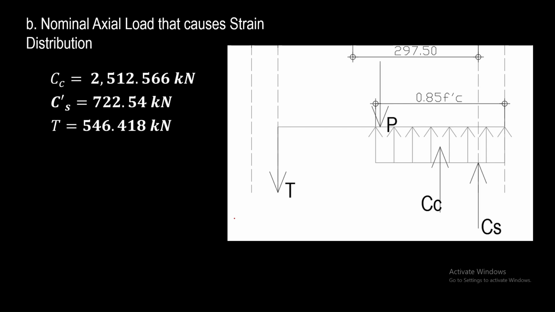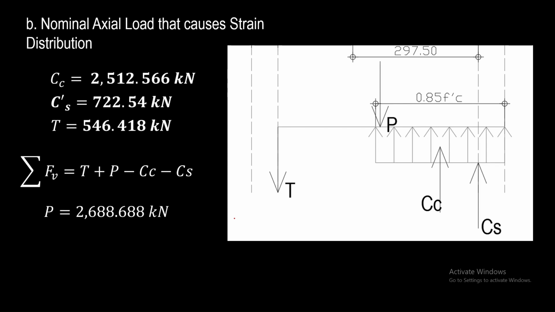So after summation of forces vertical, we have T plus P minus CC minus CS, and after substituting these values, we have the axial load that causes the strain distribution of 2,688.688 kilonewtons.